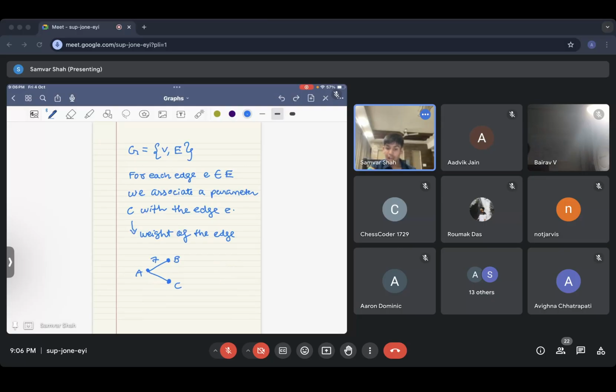Suppose I want to find the shortest path in a weighted graph. In shortest path for unweighted graphs, we intuitively define shortest as the least number of edges, right?